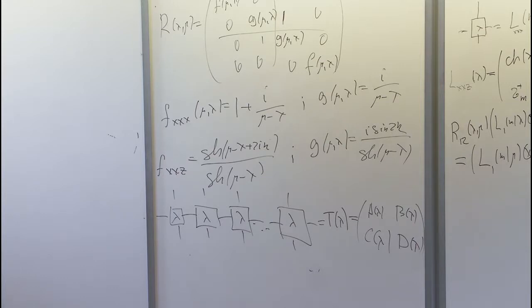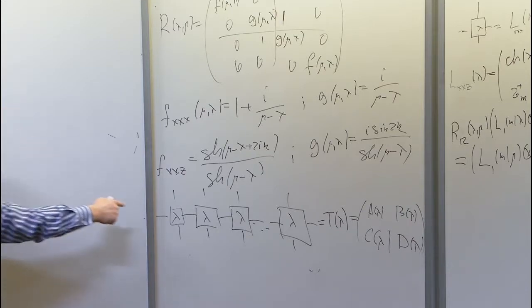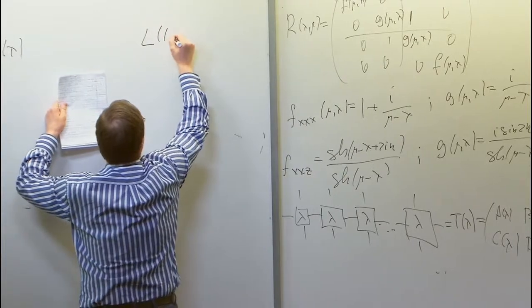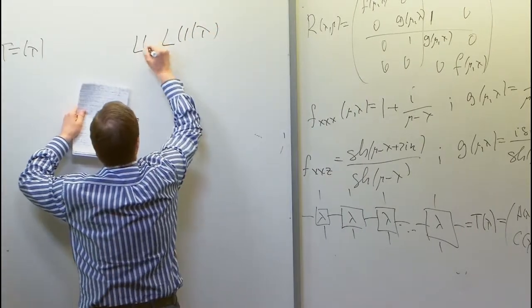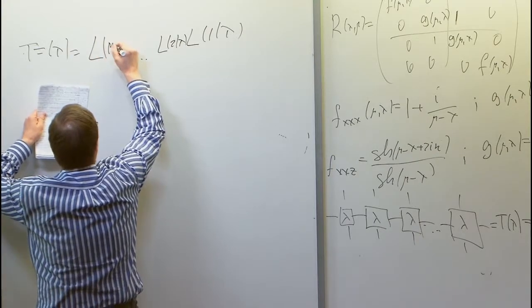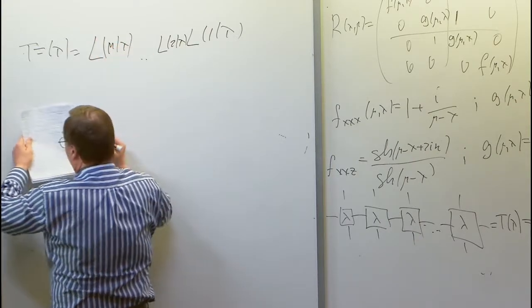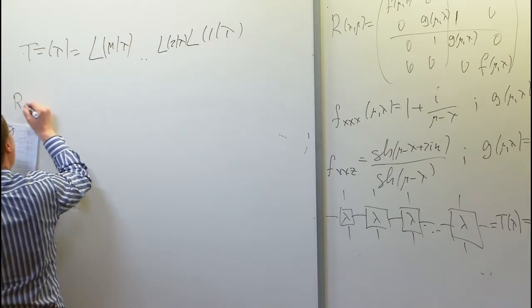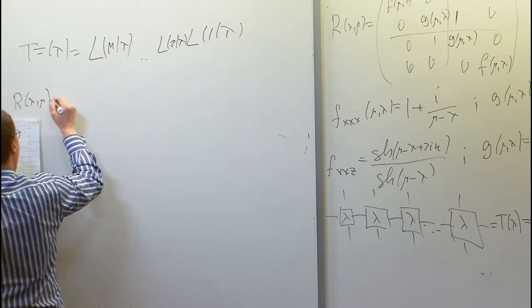So for my T, I can write another mathematical formula. T is equivalent to L at the first lattice site with lambda, multiplied by the second lattice site, and so on, up to the last lattice site. And these satisfy the same relation as the L operator: the same R matrix, exactly the same, still 4 by 4.